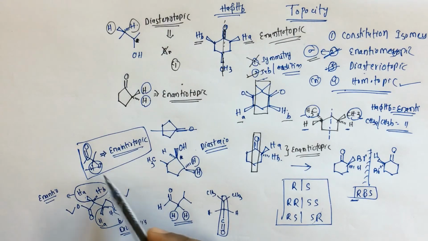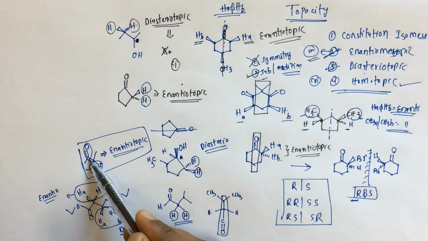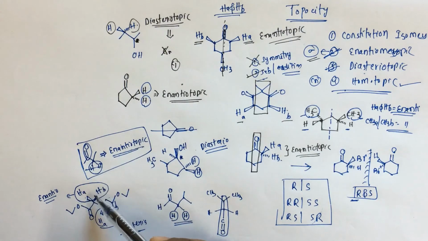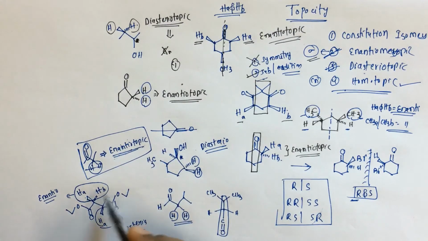What I mean is that if only one carbonyl group is there, then we can pick enantiotopic. When we have more than one carbonyl group, we cannot apply this one. And I have a little bit of doubt about HA and HB, so I will check this example and write in the comment box what the relationship is between these two.